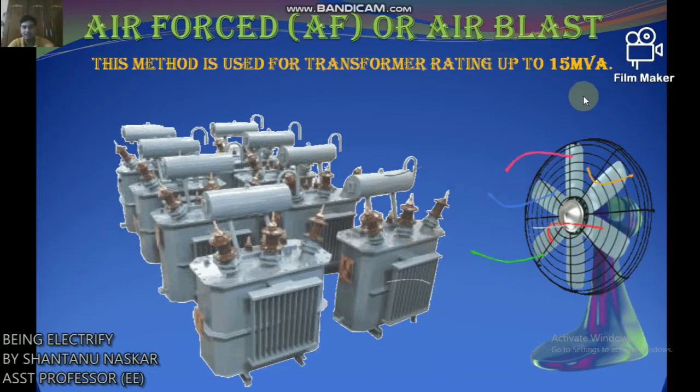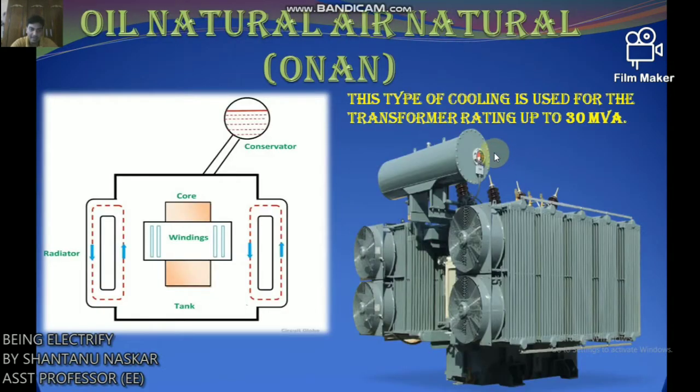Now we will discuss oil immersed type transformer. This is cooled by the oil air cooling method and oil water cooling method. First we will discuss oil natural air natural, ONAN. A natural convection process is used for this type of cooling. The assembly of the core and winding are placed in the oil immersed tank.